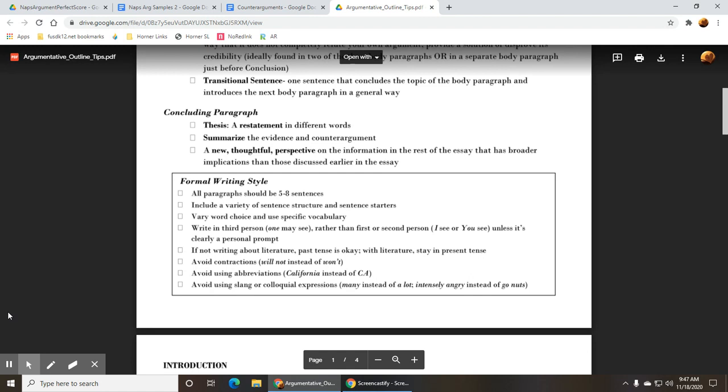Then we use a little bit of a formal writing style. The purpose of this is to show that you're really well prepared, that you put thought and care into your composition, that you are educated and well informed. So these are some guidelines to keep in mind when you are thinking about using a formal writing style.